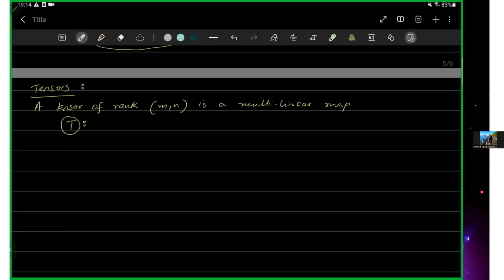So T, I'm denoting as the tensor T, which is a map from the contravariant or dual space of the tangent space in the following way, and also the tangent space itself. Maybe you don't understand what I'm writing now, but it will be clearer in a minute when I'm done, to R.